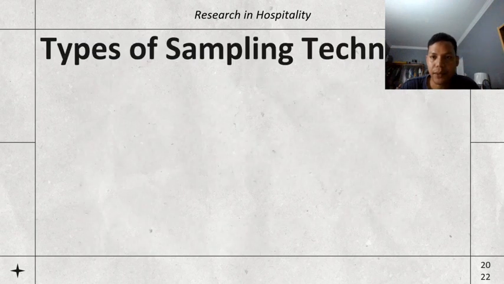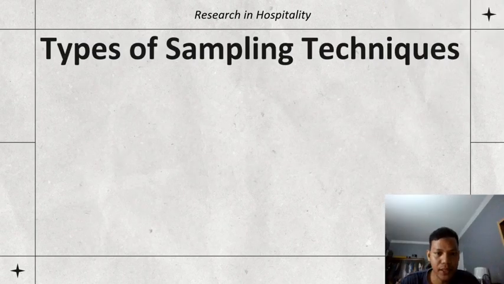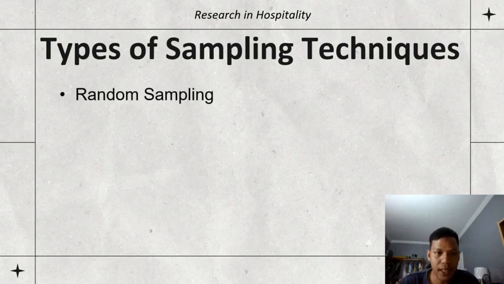Next, I'm going to discuss the types of sampling techniques. First, we have random sampling. Every member of the population, for example, the 5,000 employees in the certain resort, has an equal chance of being selected. Okay, so you use the term random sampling if every member of the population has an equal chance of being selected.